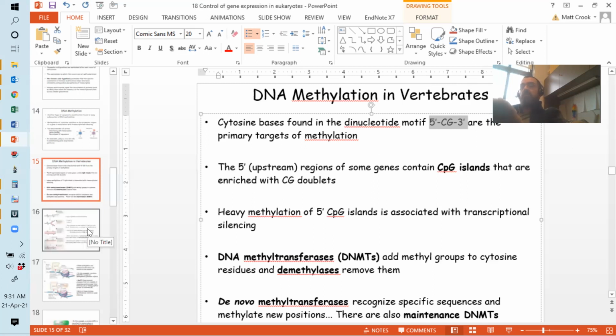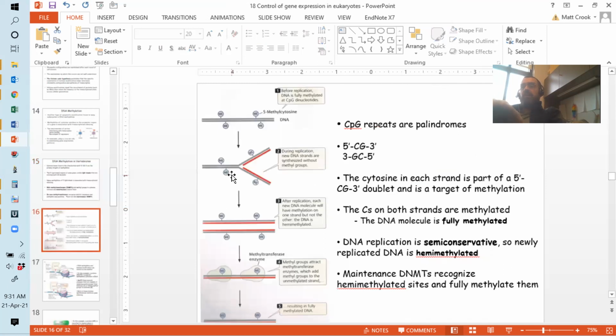And funnily enough as well, these methylated cytosines are what's used by the mismatch DNA repair mechanism to determine which is the new DNA to repair versus the template DNA, right?